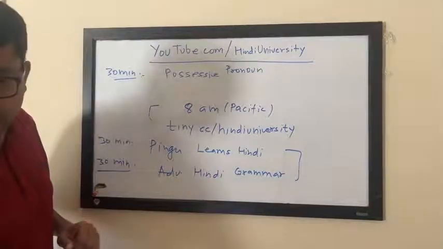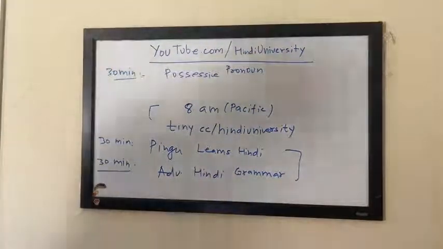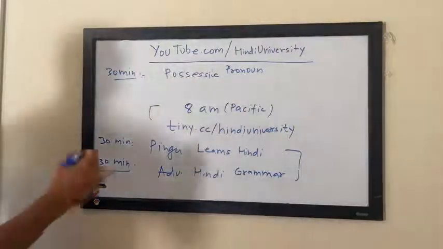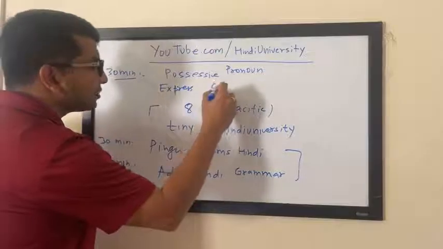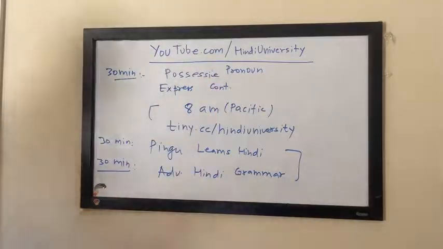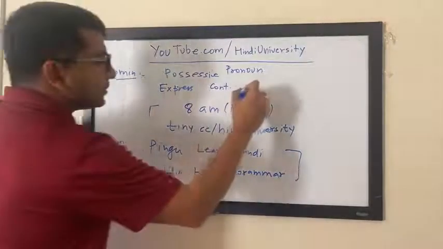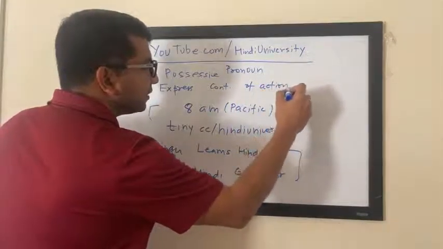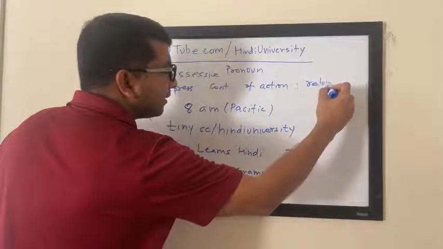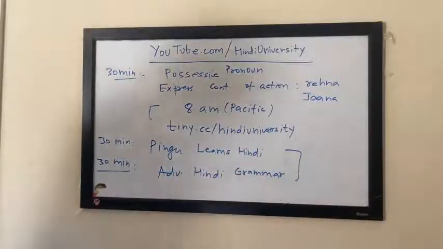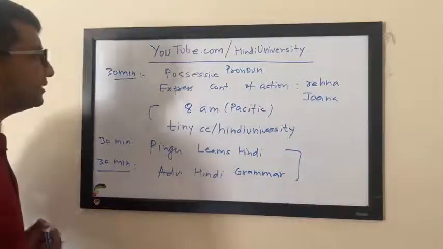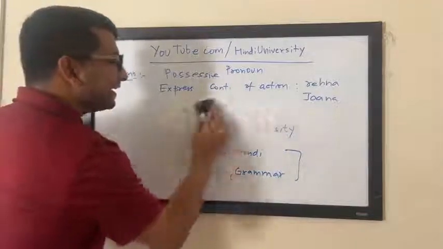The next 30 minutes we'll spend on a new chapter from Ashu Ji's book, chapter number 5, in which she will talk about how to express continuity of action in Hindi using verbs such as rehna, jana. We'll play around with those sentences as well. That's it, so let's get directly to the learning.